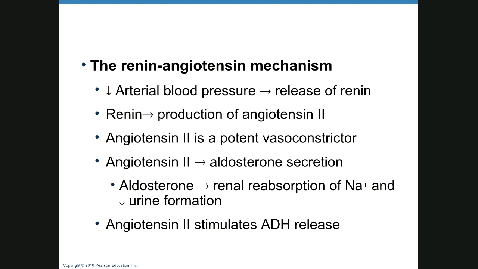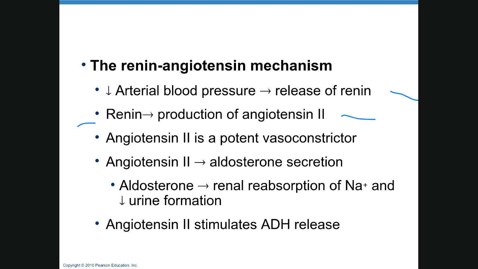Okay, this is a review from the chapter we had on the hormonal control of things, but if the kidney senses that the blood pressure is too low, it will release renin. Renin causes angiotensin 1, which is just in your bloodstream, to be converted into angiotensin 2 using angiotensin converting enzyme.